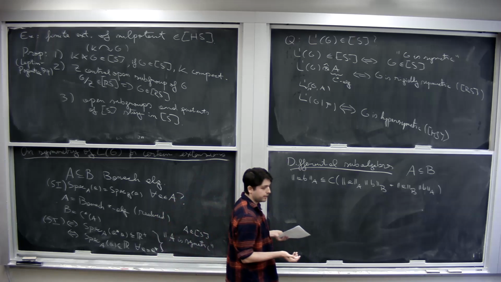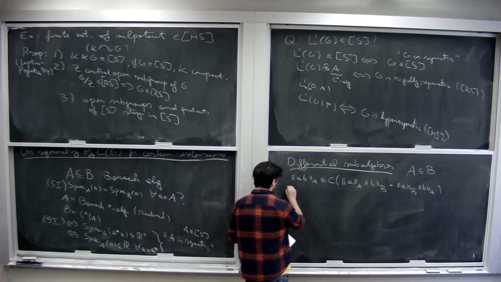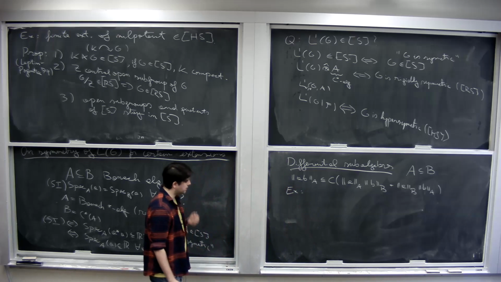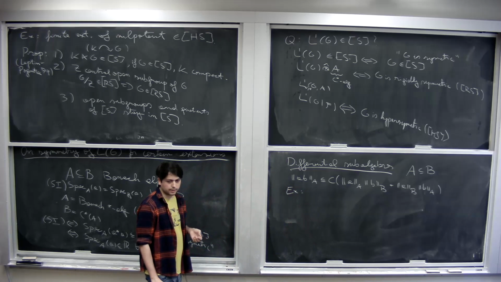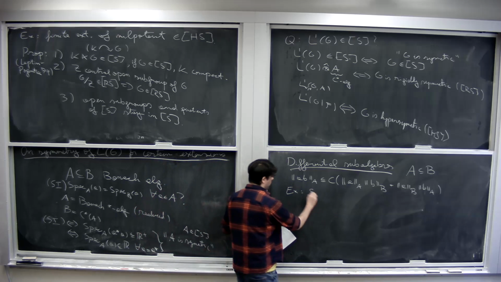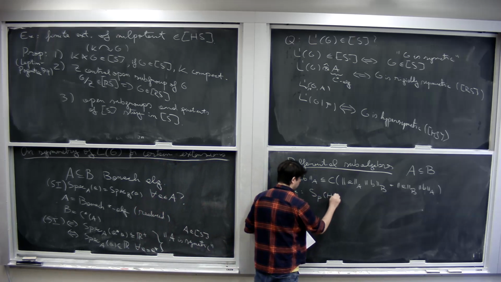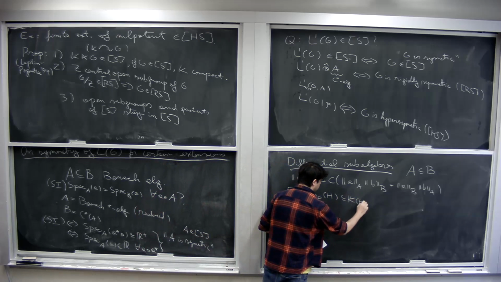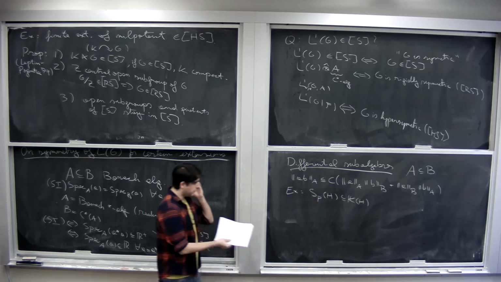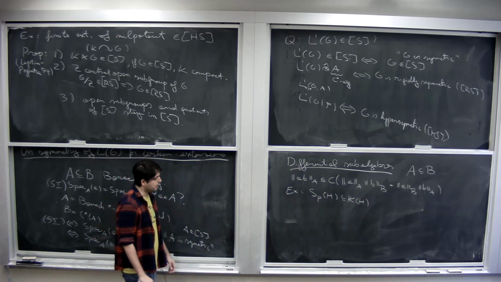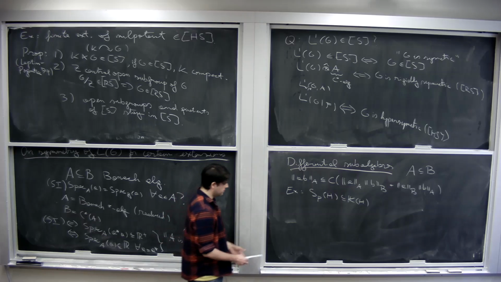Before doing anything, let me give you some examples. The first example is the class of Schatten p operators inside of the compact operators on a Hilbert space. This is just because it's a norm ideal. Well, it's also a Banach algebra, but you get what I mean.